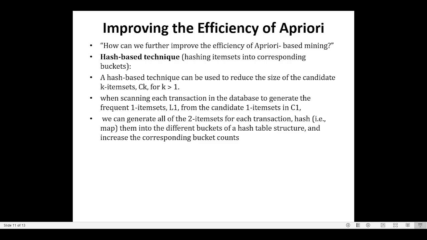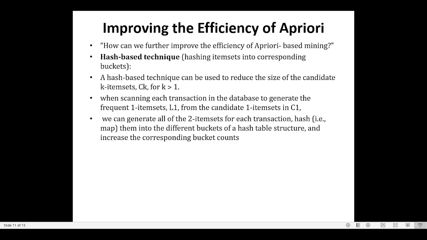The other way to improve the efficiency of Apriori is the hash based technique. We will discuss this in more detail. How can we further improve the efficiency of Apriori based mining? By using a hash based technique. A hash based technique can be used to reduce the size of the candidate k item sets, Ck, for k greater than 1.